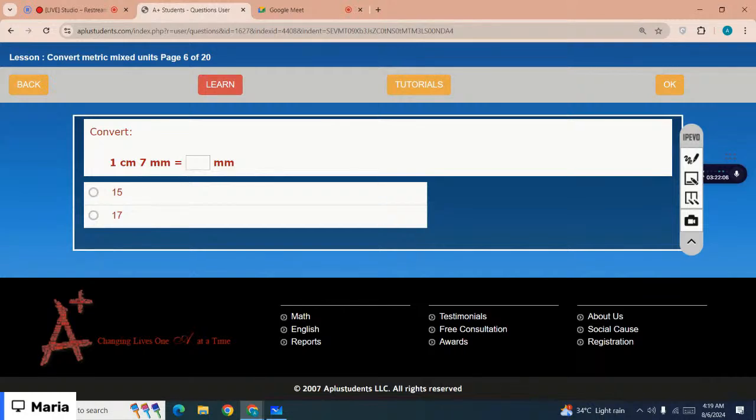1 centimeter, 7 millimeters. Which is the correct option?